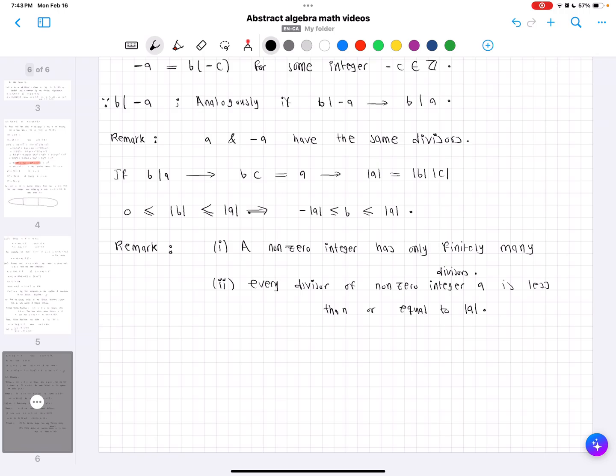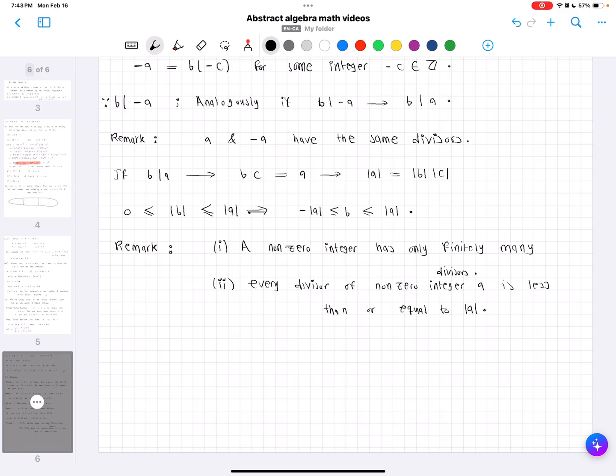So we can attach a certain number to two numbers, being the greatest common divisor of two numbers. First of all, given any number, the number itself divides itself.